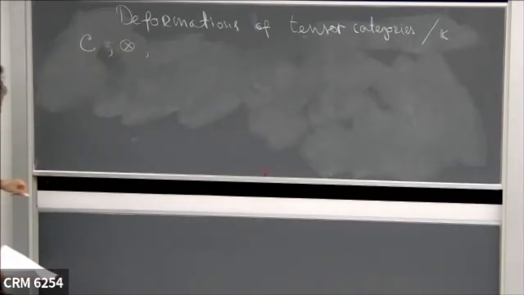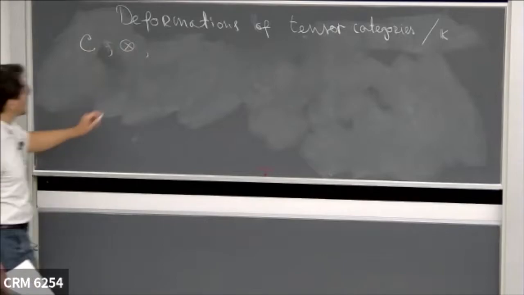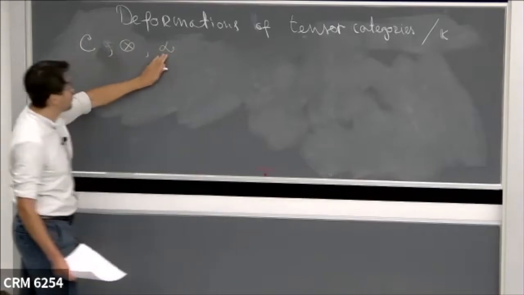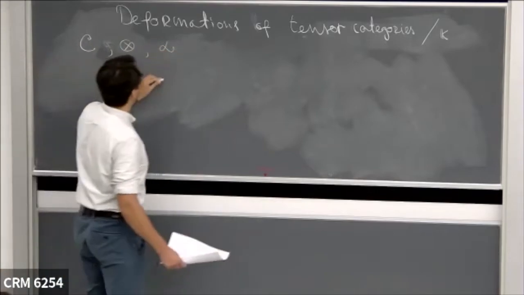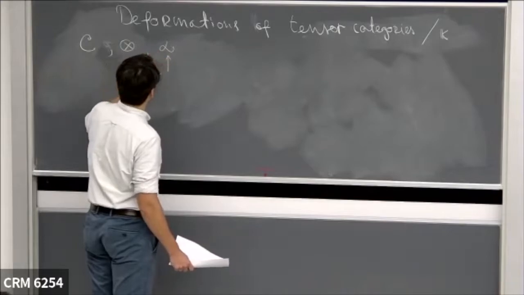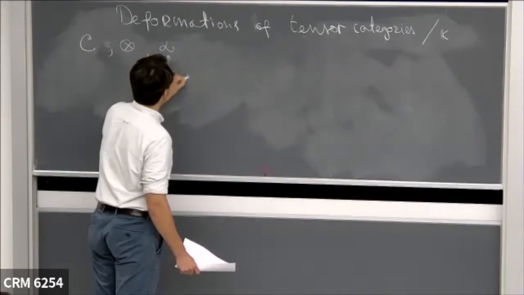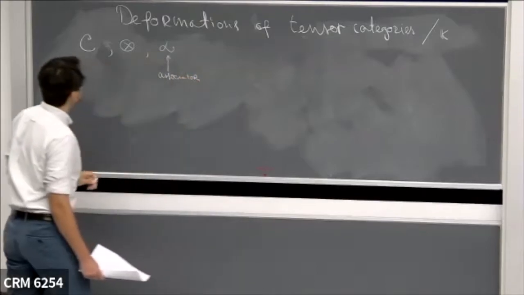But just having a product of objects is not enough. This tensor product should be equipped with an associator, right? It's a family of isomorphisms. So this is the associator. It's a part of the data of a tensor category.